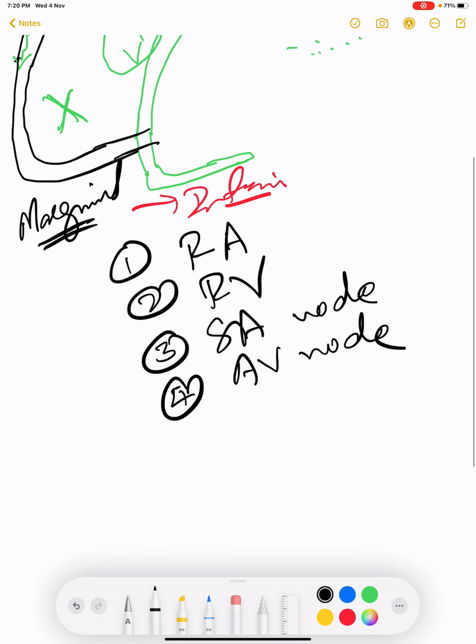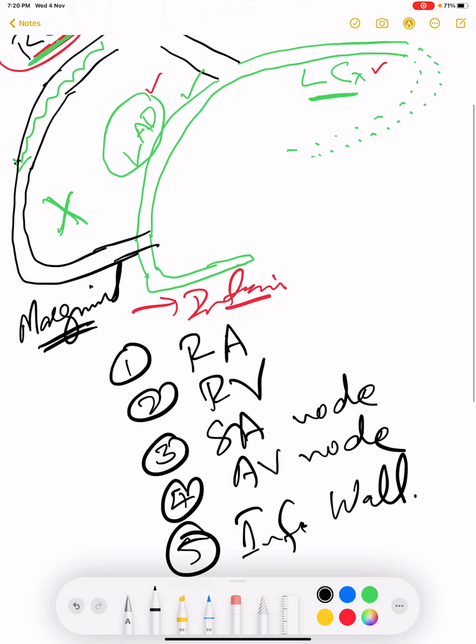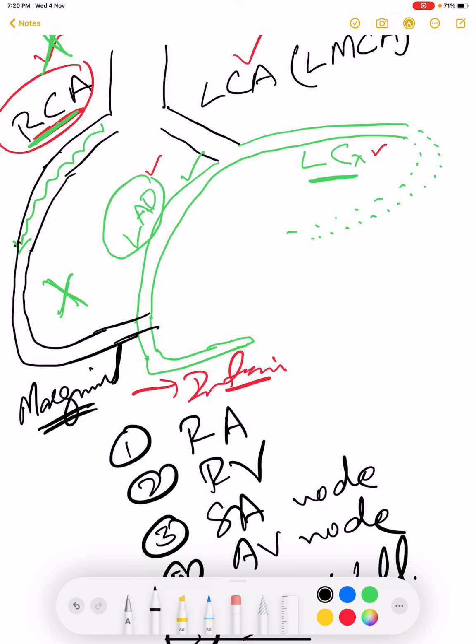So there is another blood supply that supplies the inferior wall. Okay, and then it will continue on the posterior side and, in 90% of cases, give off a branch at the posterior side, and this branch is called the posterior descending artery.